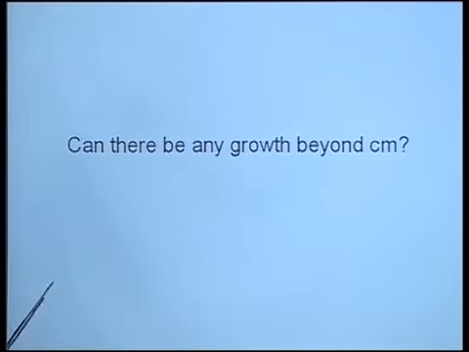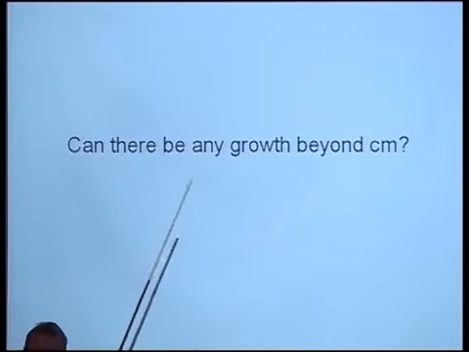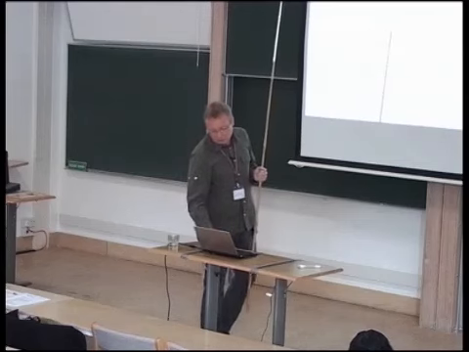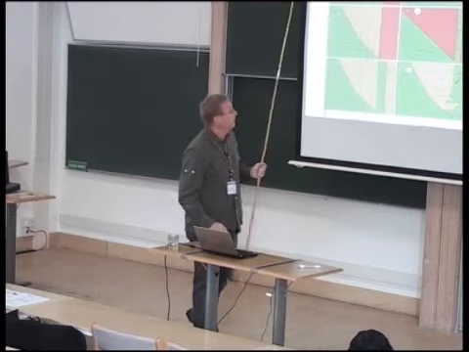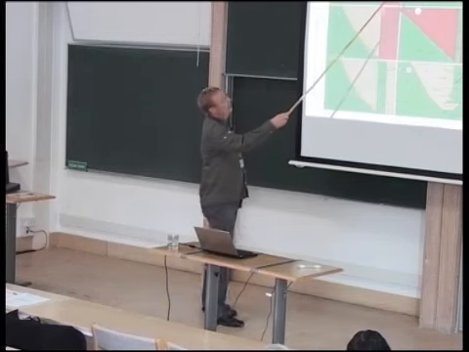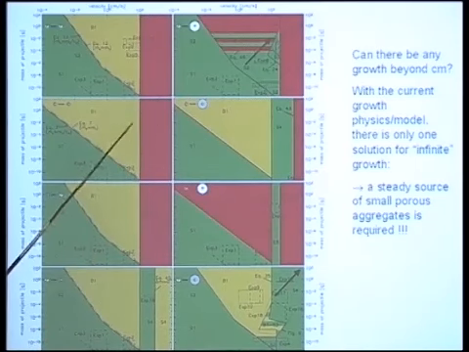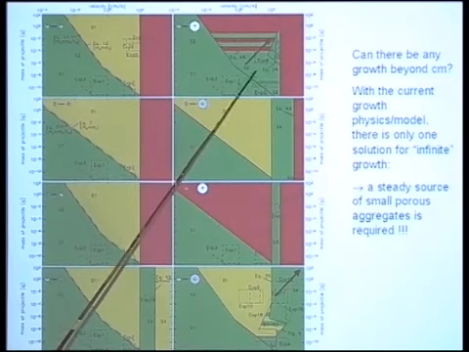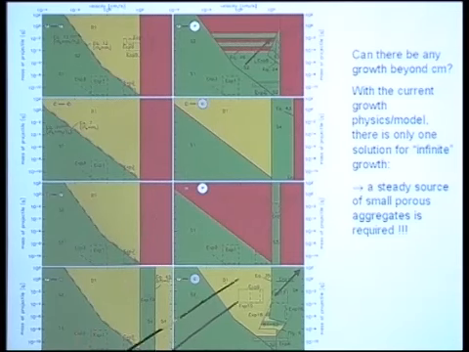Okay, so to the last question, last minute or so, can there be any growth beyond centimeter? That's the maximum size we were able to reach in our simulation based on the experiments. This is the way we go, and then we end up in the bouncing here and go down. So there are two ways to grow bigger.